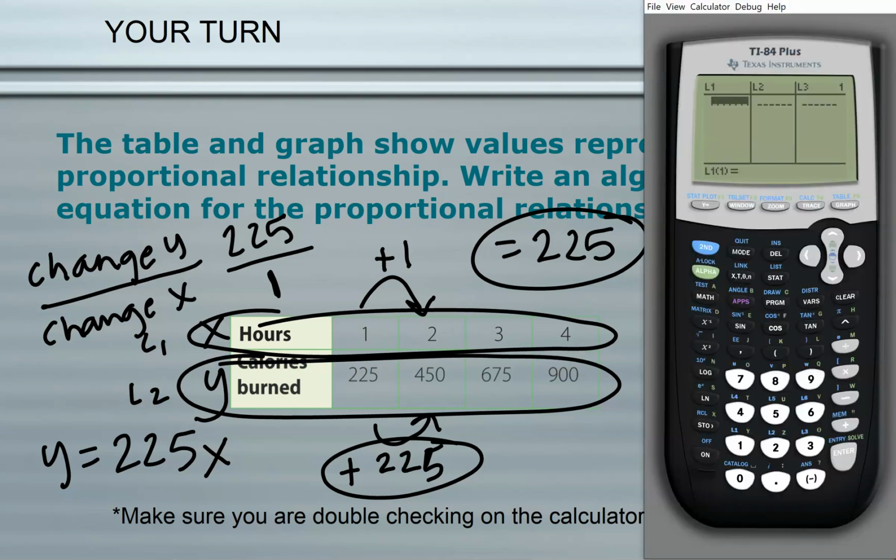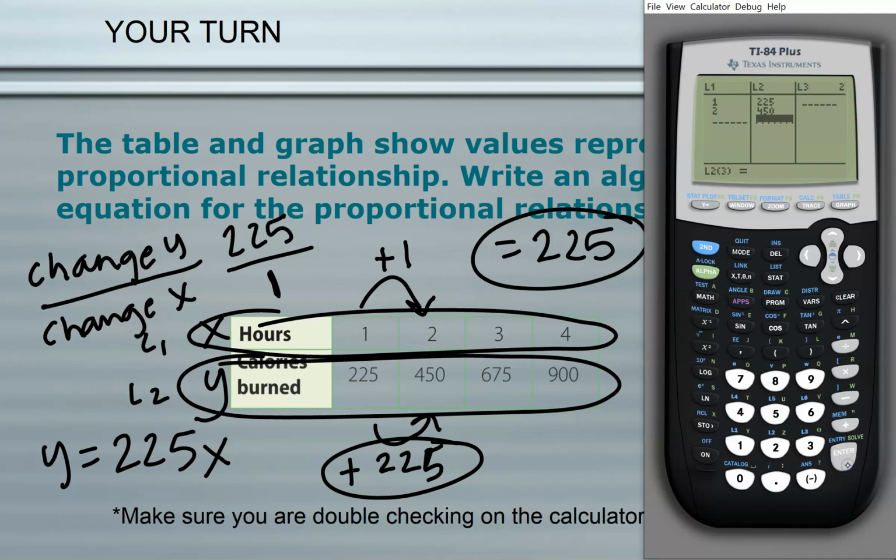So on my L1, I have 1, enter 2, and on my L2, so again, on my x, or my L1, I have 1 and 2. And for my y, what is the y of the 1? 225. And what is the y of my 2?